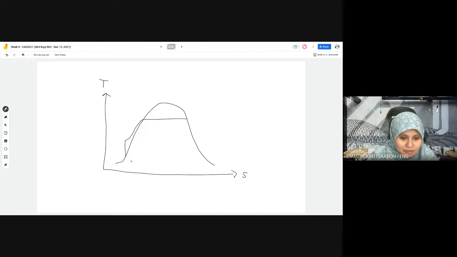So here is compression from point 1 to 2. Normal gas turbine, 1 to 2. This is the compressor. Then we have 2 to 3, which is the evaporation process in the evaporator. From 2 to 3.